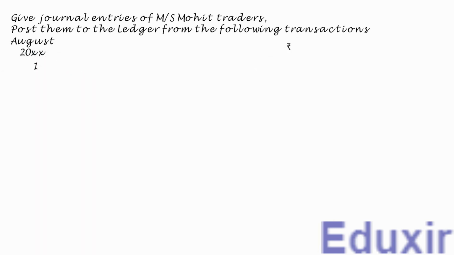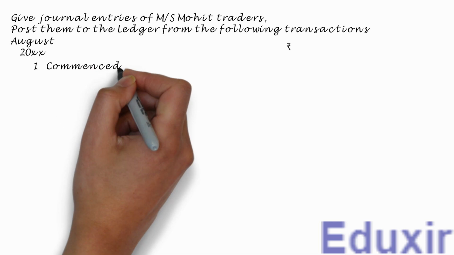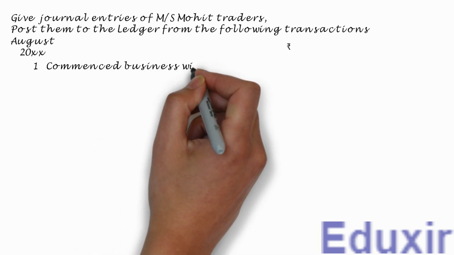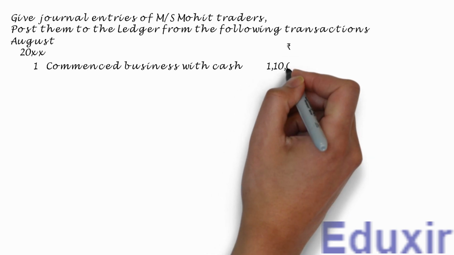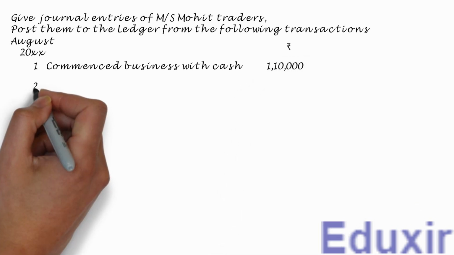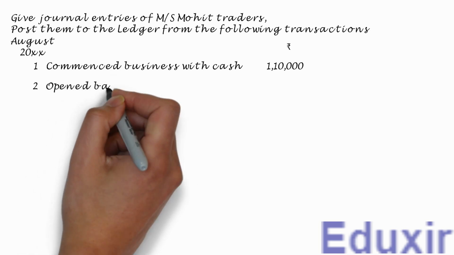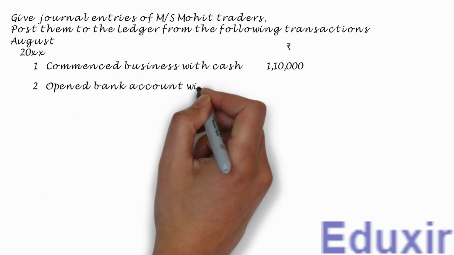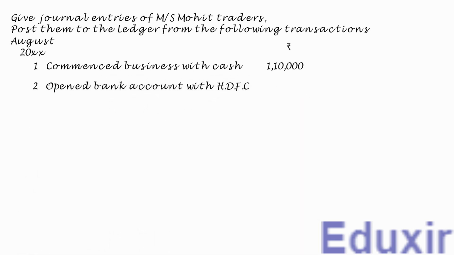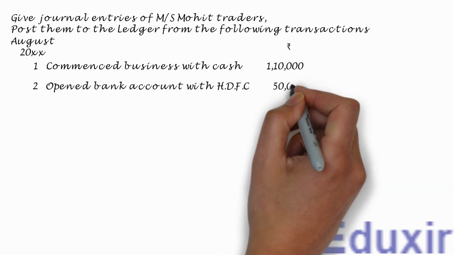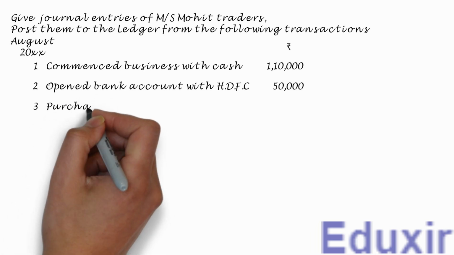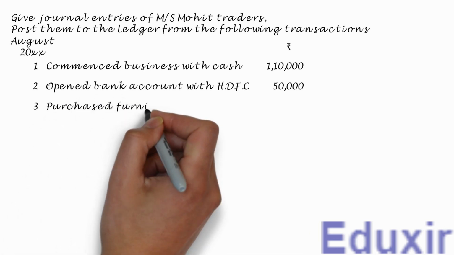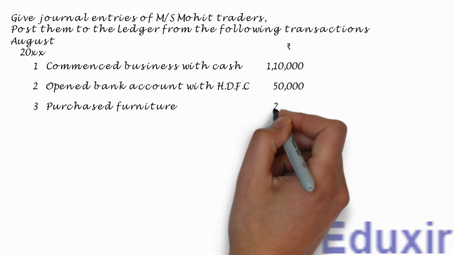On 1st August, commenced business with cash 1,10,000 rupees. On 2nd August, opened bank account with HDFC 50,000 rupees. On 3rd August, purchased furniture 20,000 rupees.